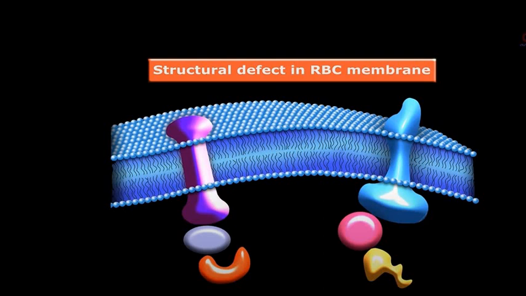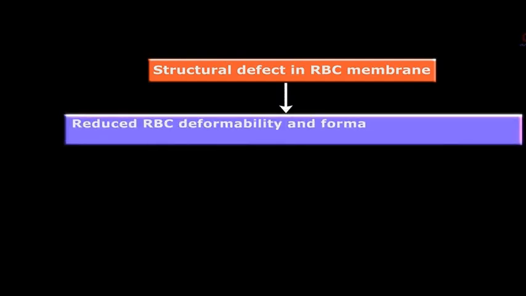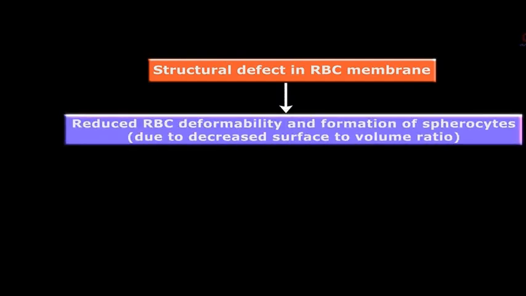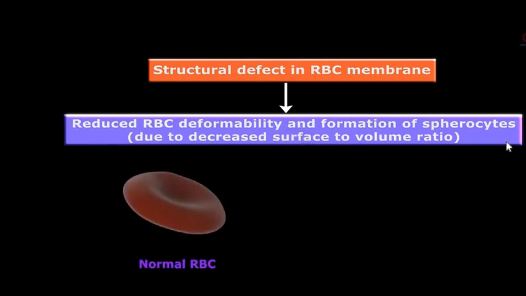If we again look at the pathogenesis of hereditary spherocytosis, there is a structural defect in the RBC membrane. We have seen that there are some proteins, so there is a structural defect in the RBC membrane. It causes reduced RBC deformability and formation of spherocytes.